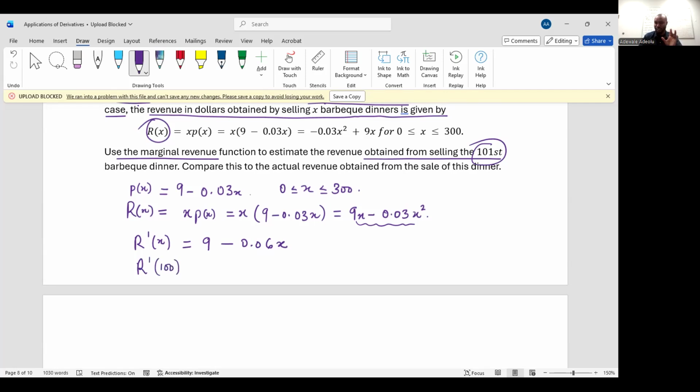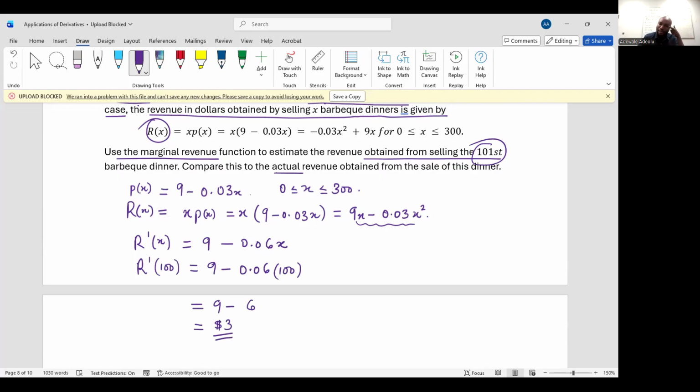Please don't make a mistake. That is what I write. So that is why I went back to show you that. So R prime of 100 equals 9 minus 0.06 times 100. That is 9 minus 6. So that is $3.